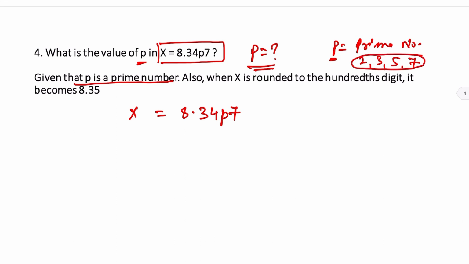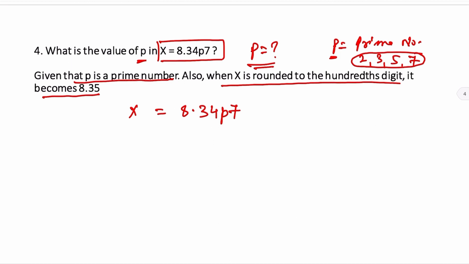Okay, now when x is rounded to the hundredths digit, it becomes 8.35. Now from here we will get our answer. When x is rounded to the hundredths digit, that means it is rounded to the decimal point up to this point.